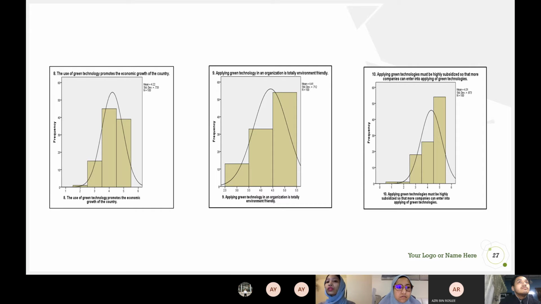They also strongly agreed that applying green technology in an organization is totally environmentally friendly. And lastly, the majority of them have agreed that applying green technologies must be highly subsidized so that more companies can enter into applying green technologies. Okay, next.